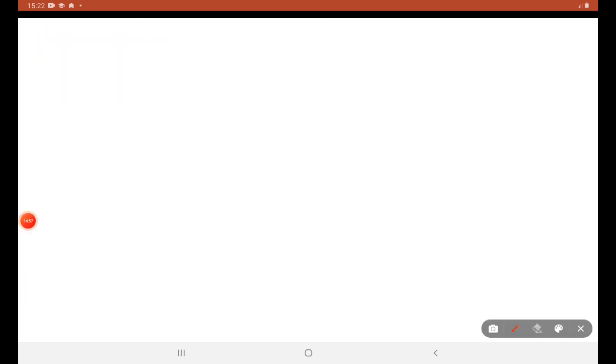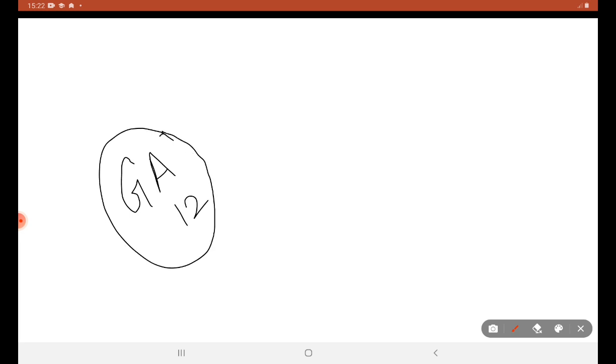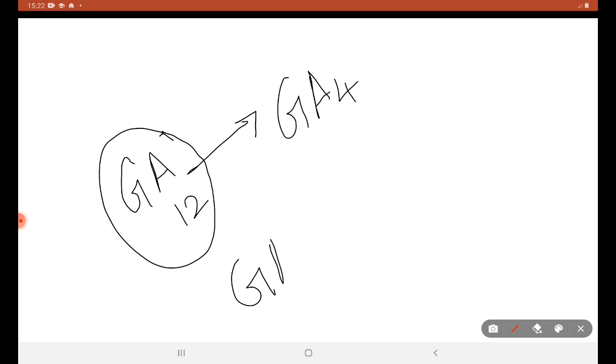Then in cytosol, the GA12 precursor, as I said, will give the bioactive component GA4, and GA53 will give rise to GA1.